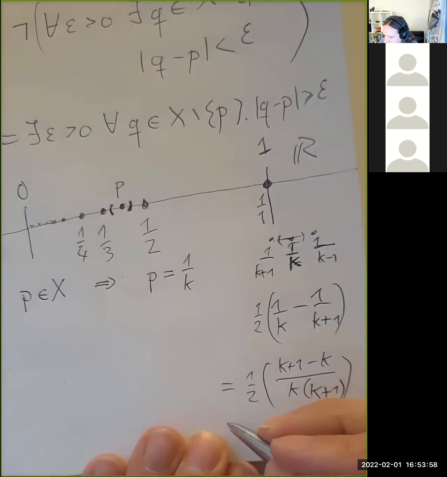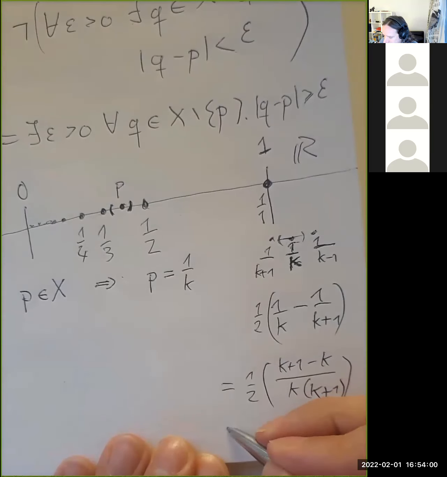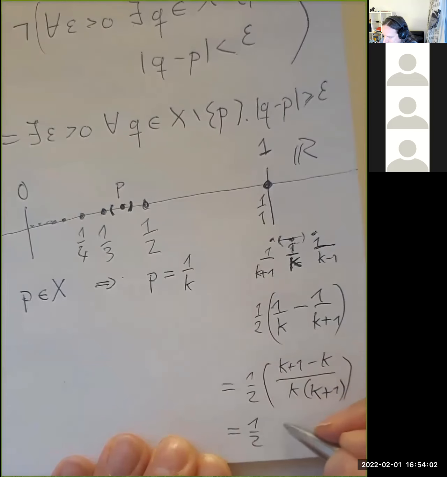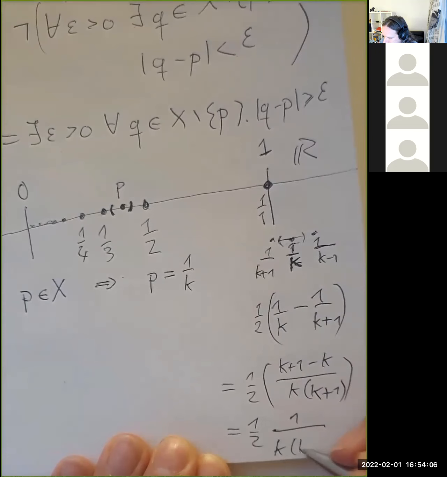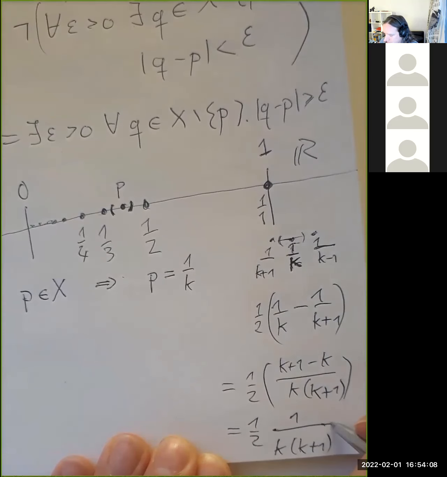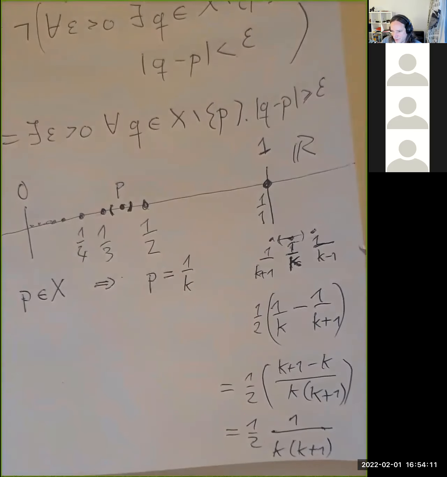Well, it's 1 over something, so I guess it's good. And I mean, if we would have taken the other bound, we get also a k minus 1 here, I guess.